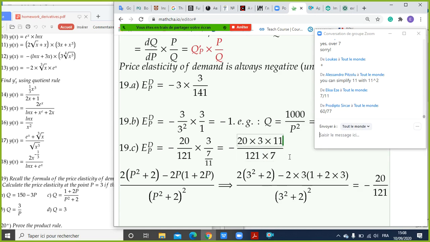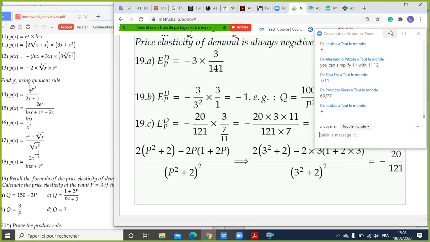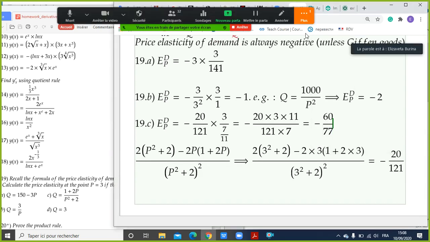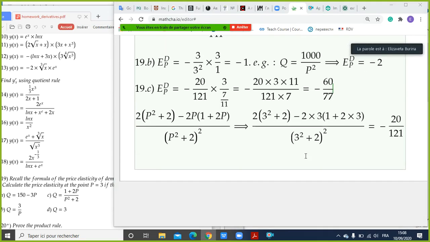Right? Yes. And we actually do get minus 60 over 77. Okay, beautiful. Well, not so much. But at least we could simplify. Great, so that was C.